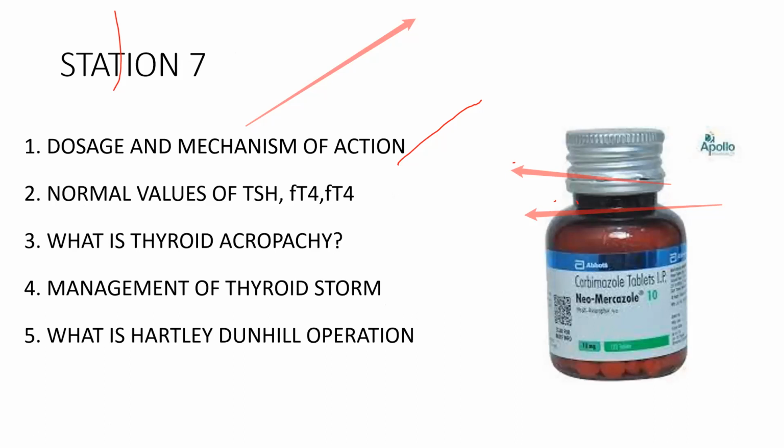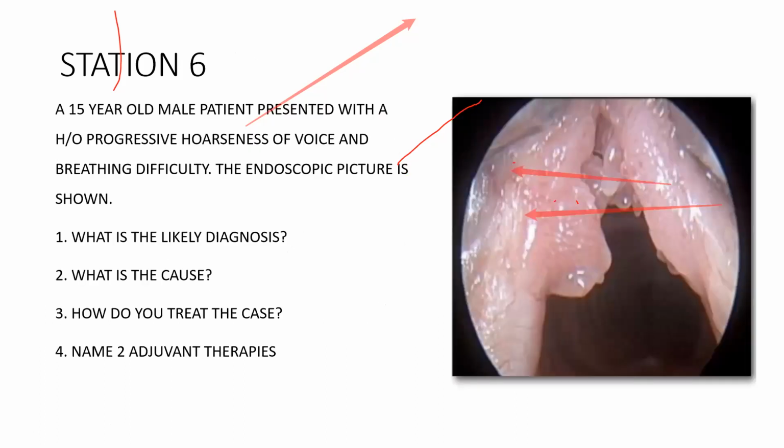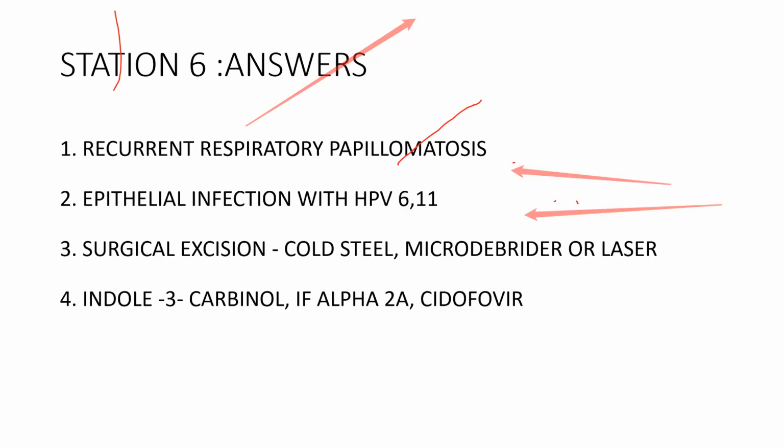So when you are asked this question, I'm sorry, the slide has moved further. Can you please go to station 6? The question was, what is the cause of this particular condition? And this is mainly by the human papillomavirus. Please don't just write human papillomavirus. You have to very specifically tell what type of human papillomavirus is responsible for this recurrent papillomatosis, and this is mainly 6 and 11.